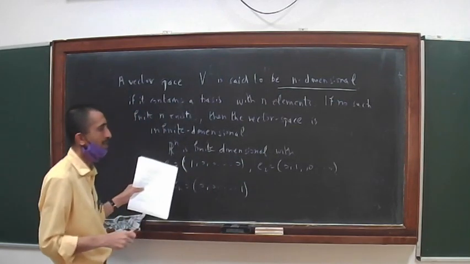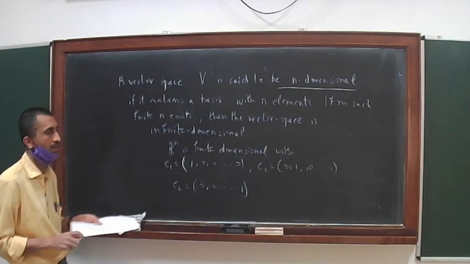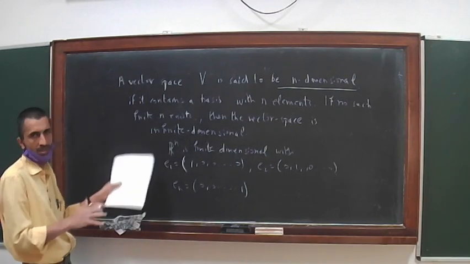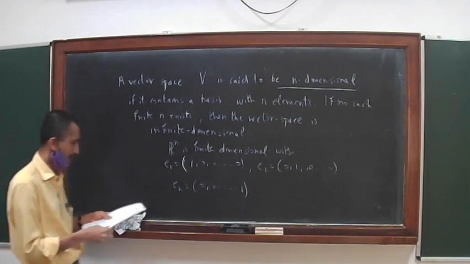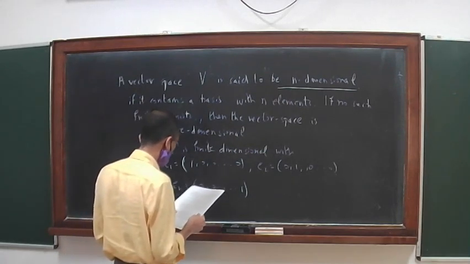This is, as I said, the canonical basis or the natural basis for Rn. But this is just one basis. There can be an infinite number of other bases as well.